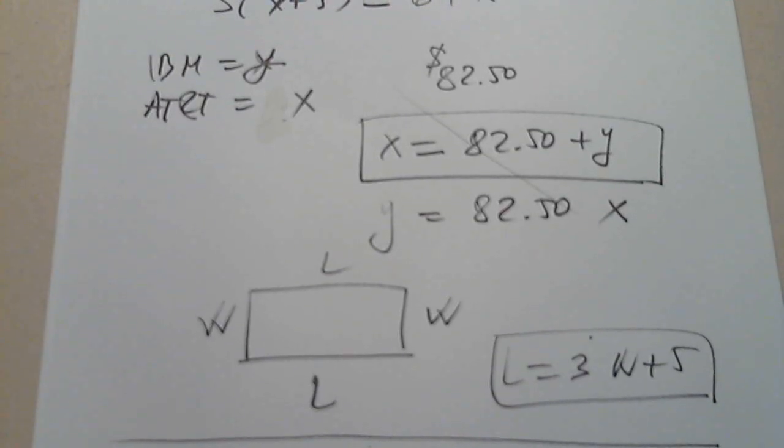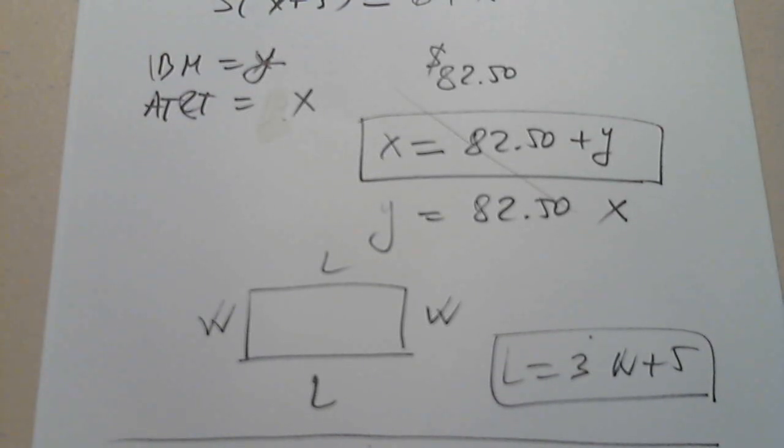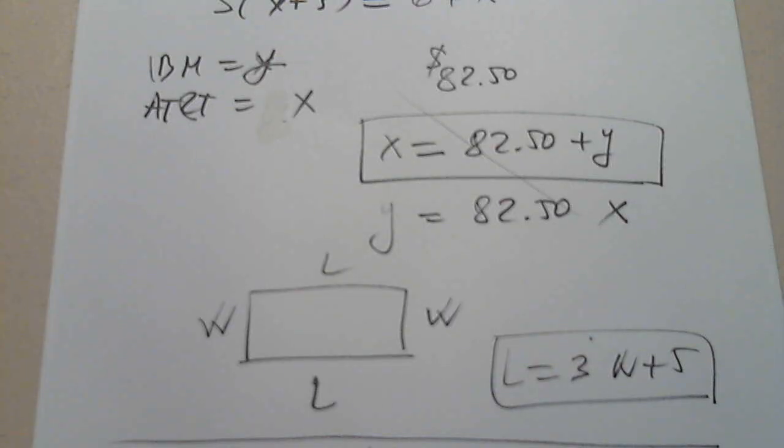Then, if the amount invested in bonds, which is x, is to exceed that in CDs by 7,000, how much will be invested in each?